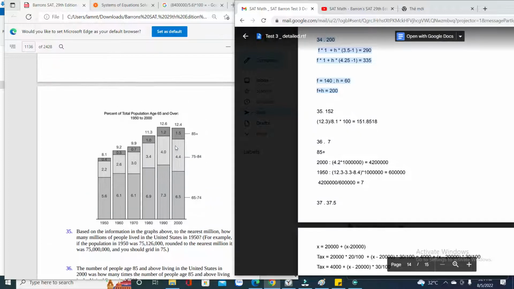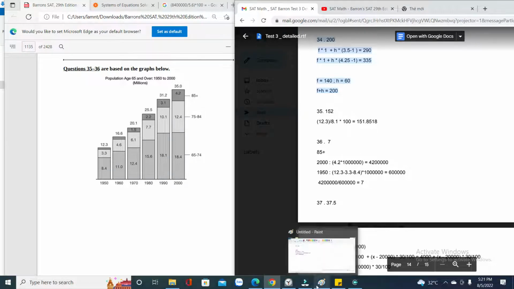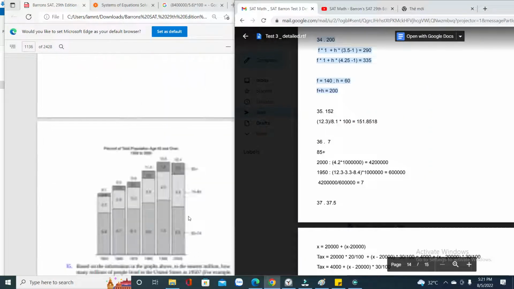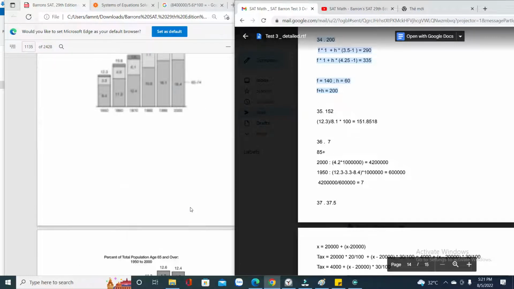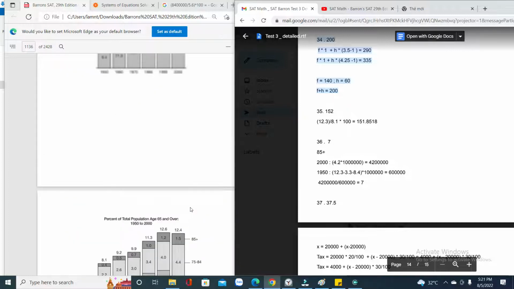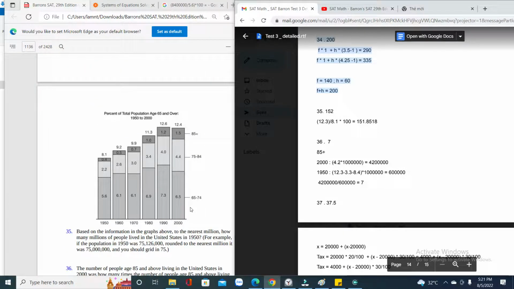Okay, so let's see why we were wrong. They calculate by taking 12.3 over 8.1.